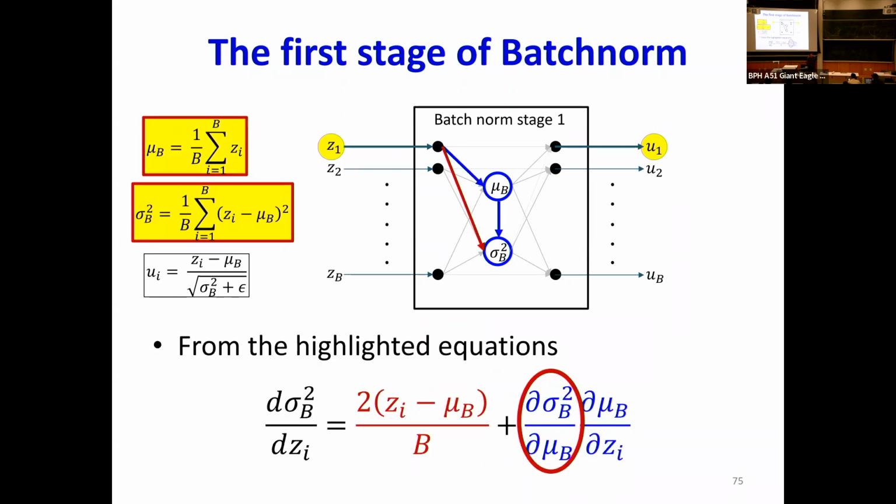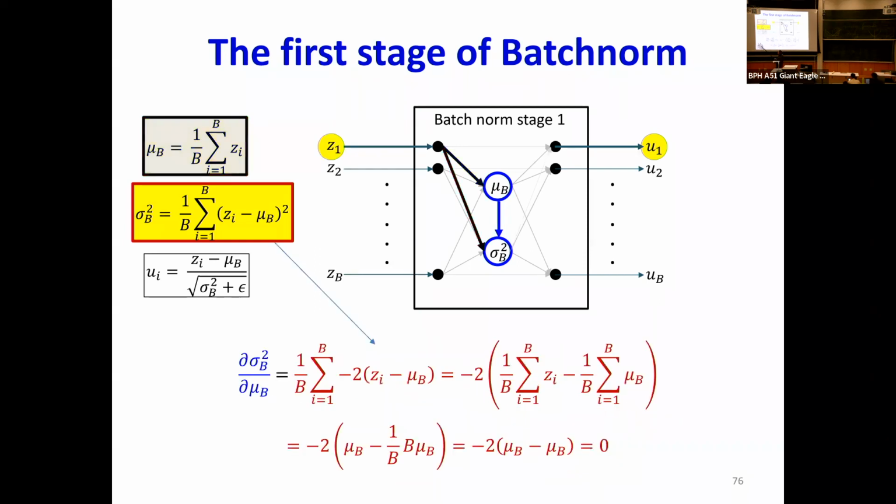Okay, let's see why this is the case. In sigma squared, this mu occurs in every single summation term, right? The mu is constant. So if I take the derivative, it's going to be 1 over b, summing over everything, minus 2 times z minus mu, correct? What is that the summation of?